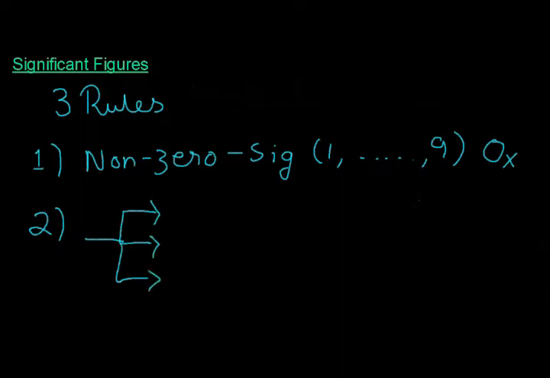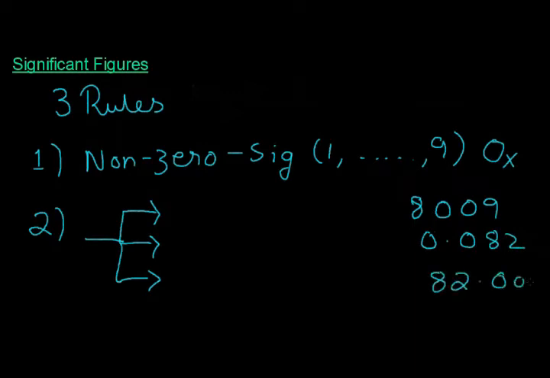So first example is 8009. Now the second example is 0.082, and the third example is 82.000. So what I mean to say here is there are 3 different ways in which zeros can occur.